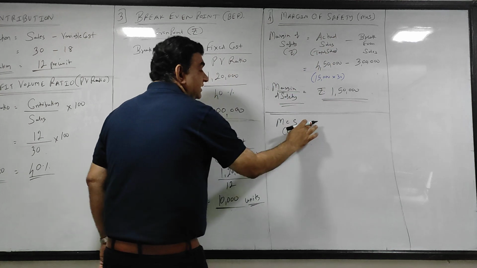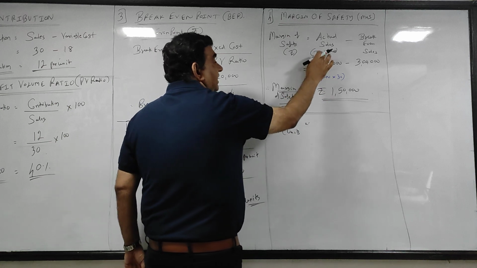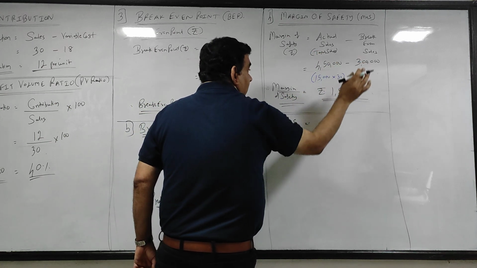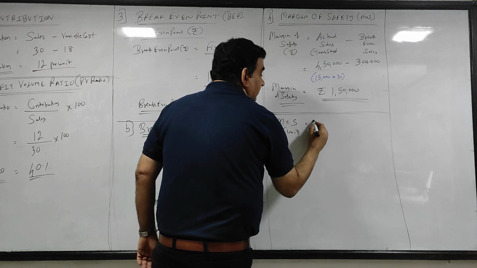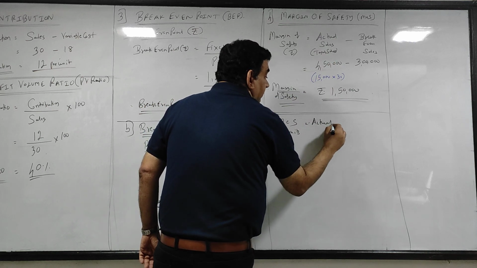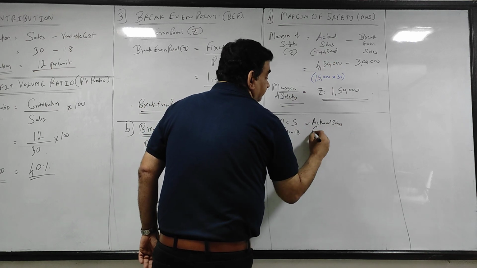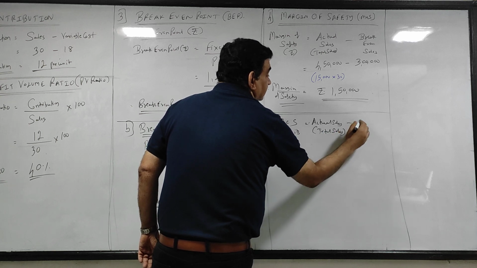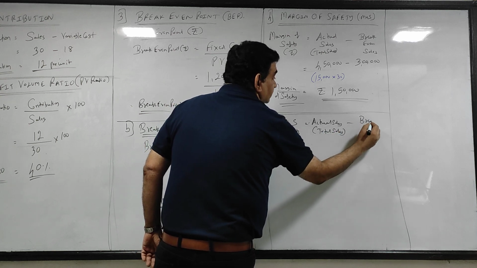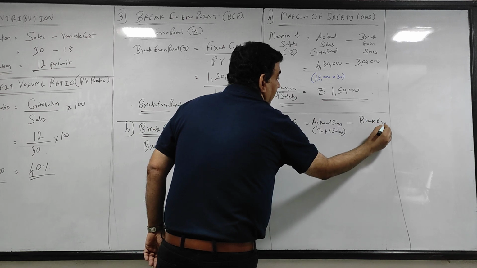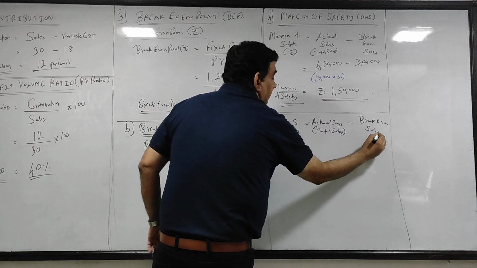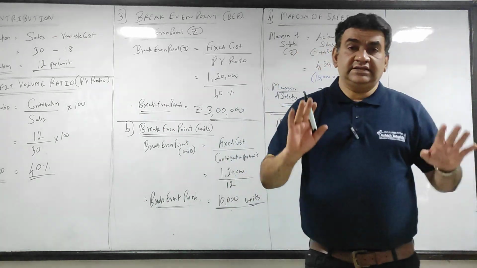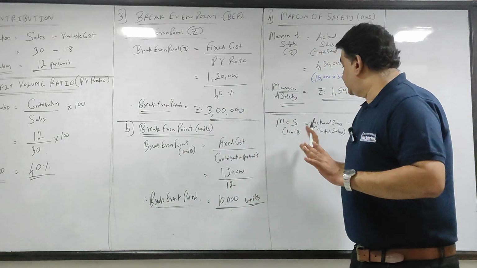Actual sales, but only thing is यहां पे हमने अमाउंट लिया है, यहां पे यूनिट्स लोगे. सेम फॉर्मूला. चलो मैं वापस लिख देता हूं. एक्चुअल सेल्स, टोटल सेल्स, actual sales is also called as total, minus break even sales. So break even sales is in units, this is also units.